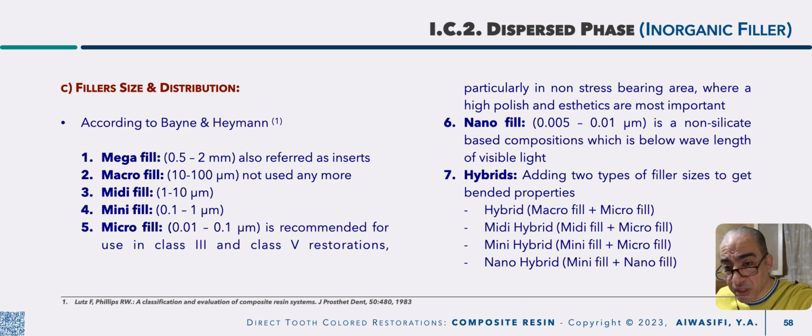Decreasing the filler particle size increases its polishability and smoothness and increases its translucency, but the material will have vulnerable or questionable strength properties. That's why comes the idea of hybridization, to add large and small particles to get the benefits of both of them.